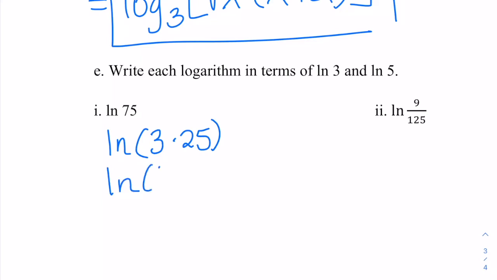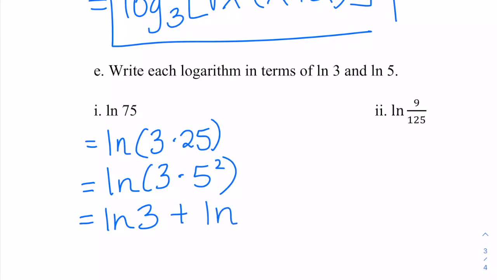So that's 3 times 5 squared. Now we're going to expand this, and this is going to be equal to the natural log of 3 plus the natural log of 5 squared. Our last step is to use the power property, so it's very similar to expanding. It would be the natural log of 3 plus 2 times the natural log of 5.